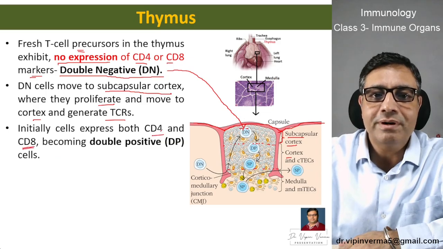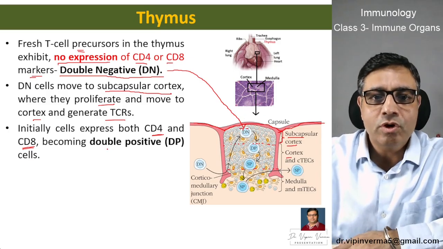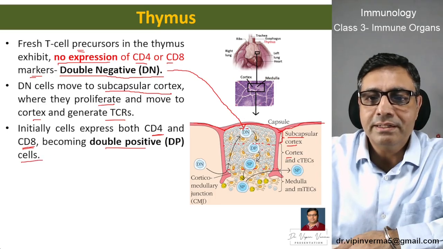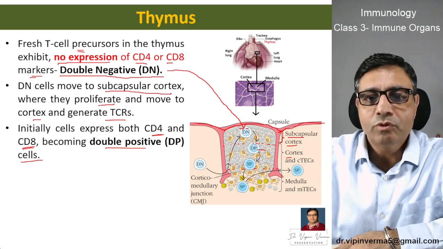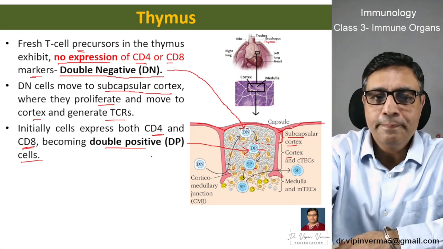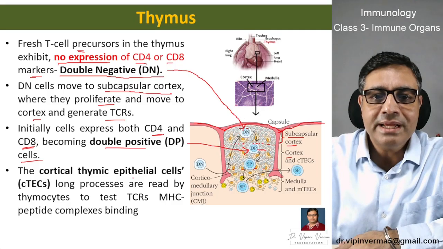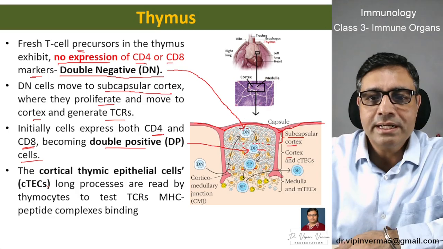So now they have both markers, CD4 as well as CD8, on a single cell. So they are called double positive cells, DP cells. Here in the cortical part, this is the DP cell, because this cell is expressing both the CD8 as well as the CD4 markers. Fine. The cortical thymic epithelial cells, we call them cTECs.